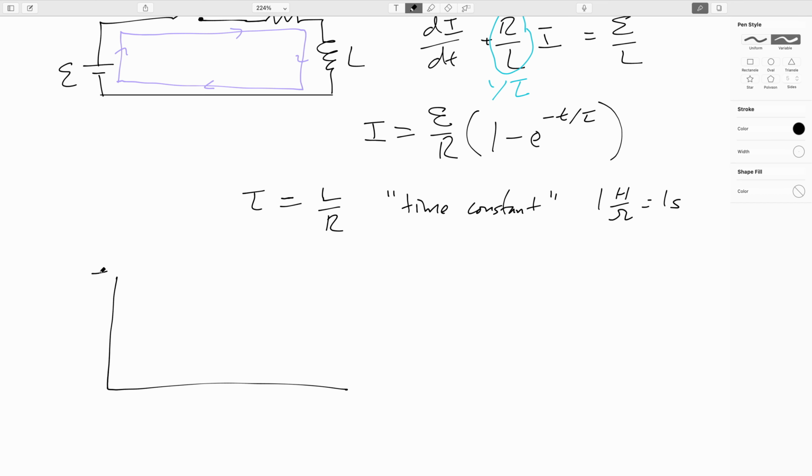If we plot the current through the circuit as a function of time, we're going to see that it ramps up asymptotically to E over R, and when you get to about 63%-ish is when you will have passed 1 time constant.